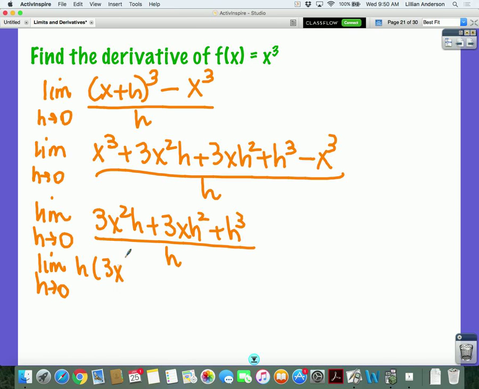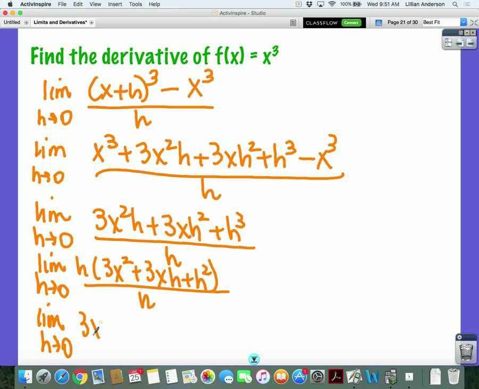That's h times 3x squared plus 3x h plus h squared, all over h. The h's cancel out. So you're left with 3x squared plus 3xh plus h squared.